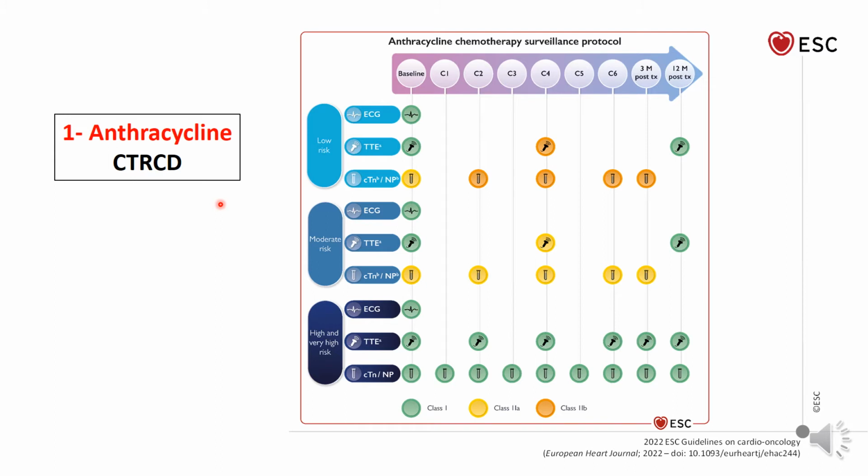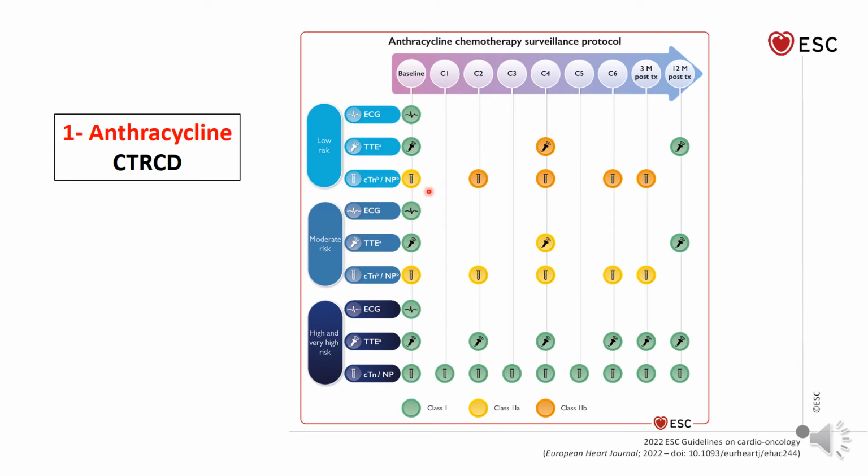But this data has been totally superseded by novel data saying that more than 80% of anthracycline-related cardiotoxicity is reversible as soon as it is detected early and treated early, and hence the importance of periodic assessment and surveillance during the drug.